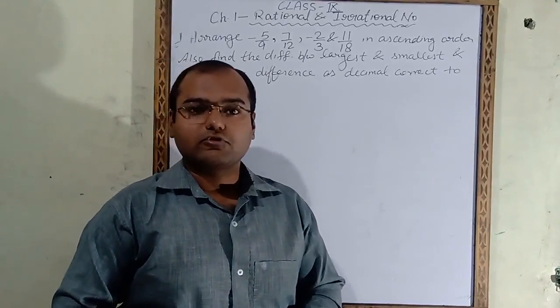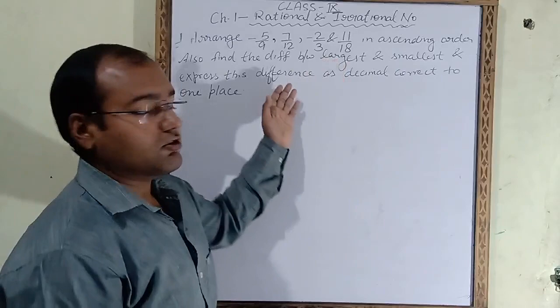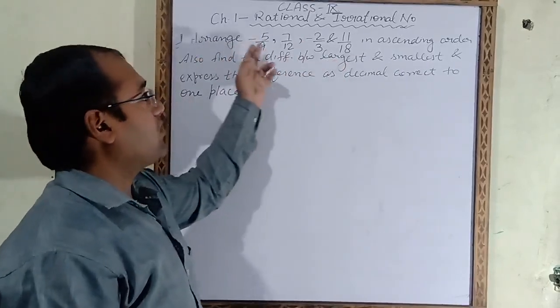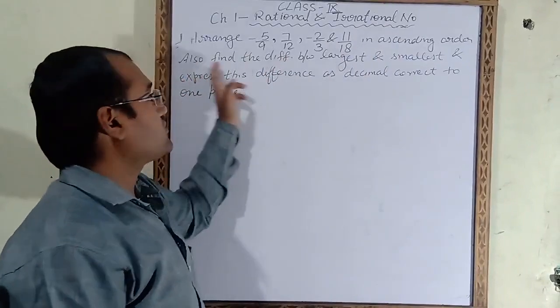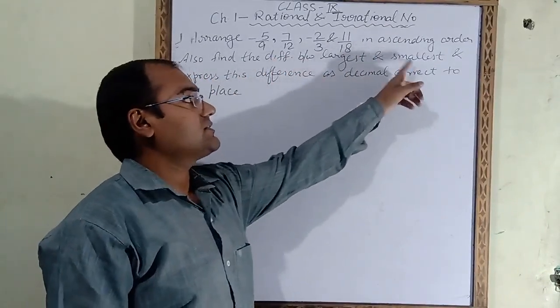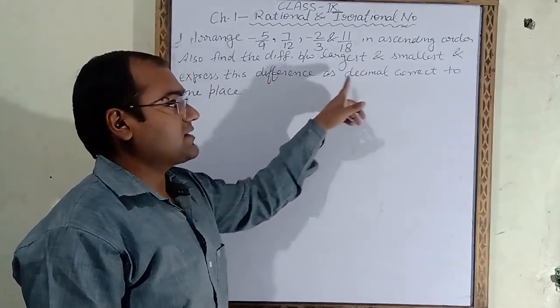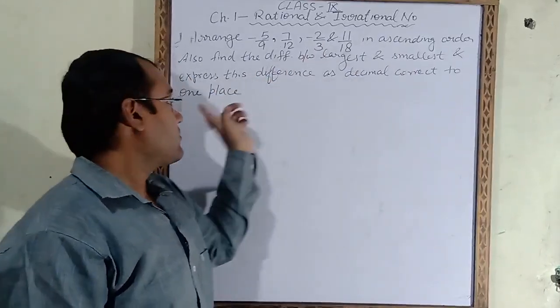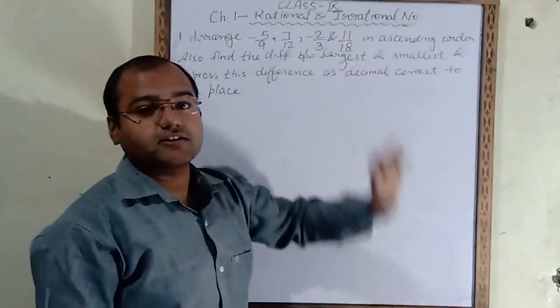Now we will solve some questions based on rational numbers. Let's see this question. Arrange all these numbers in ascending order. Also find the difference between the largest and smallest and express that difference as a decimal correct to one place. First of all, we have to arrange these numbers in ascending order.